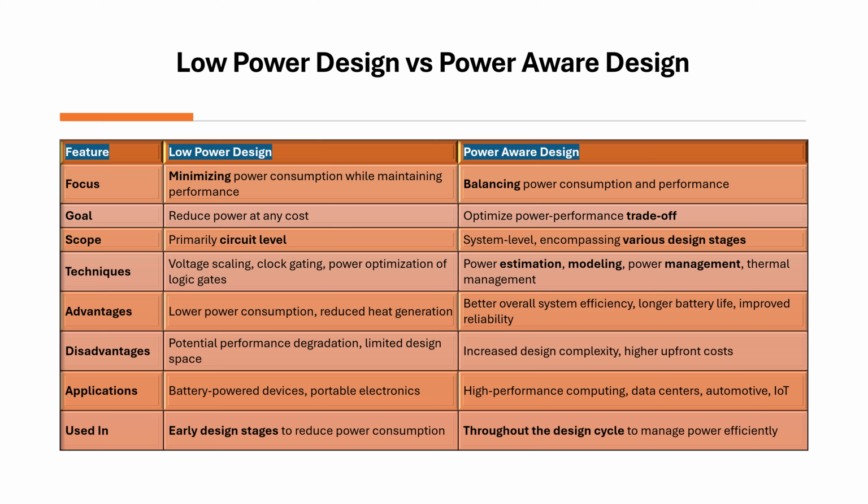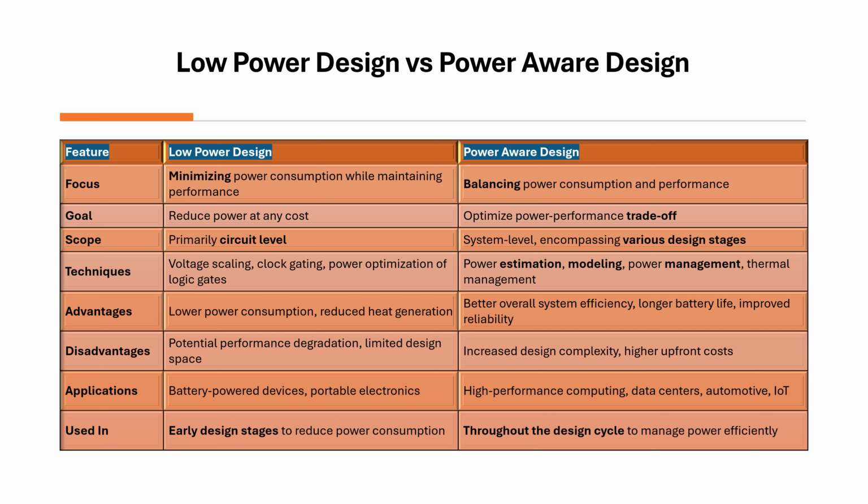At some point, you can achieve the best performance even while burning lower power. So finding that balance point, having maximum performance at a lower power, that's what power aware design is about.